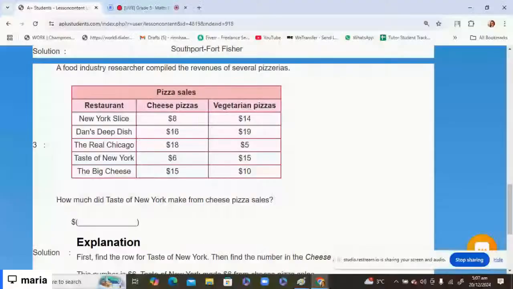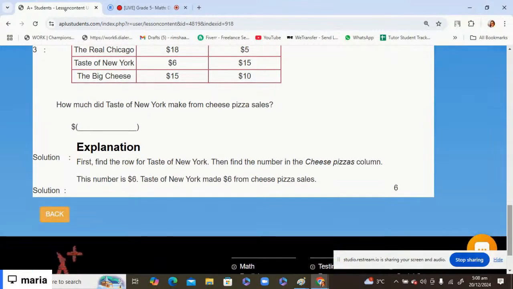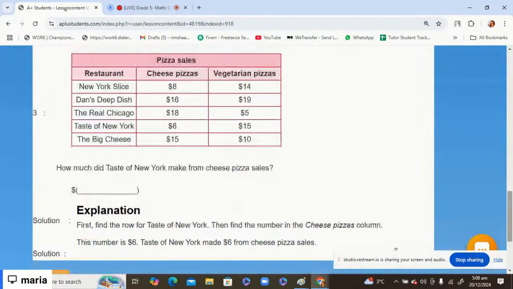About the cheese pizza sales, first of all we check New York. It's the fourth one, and for cheese pizza that is $6. Okay, and here we get the answer.